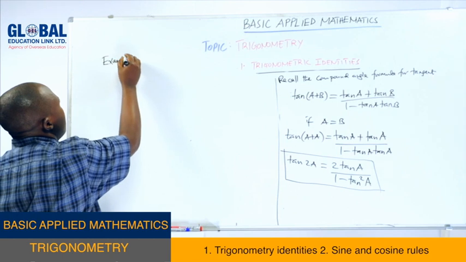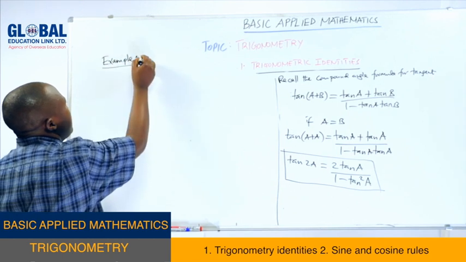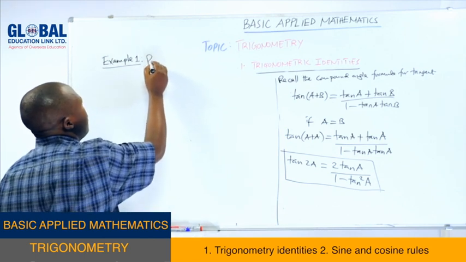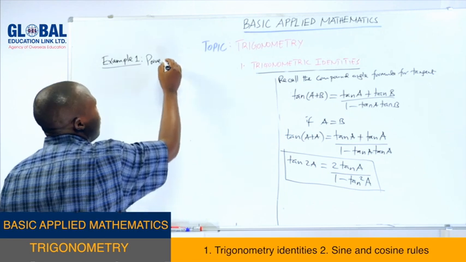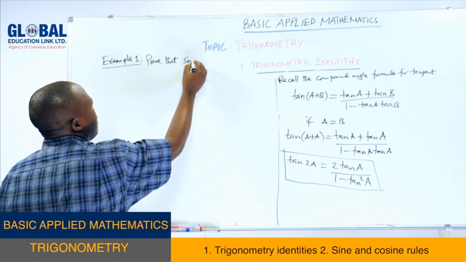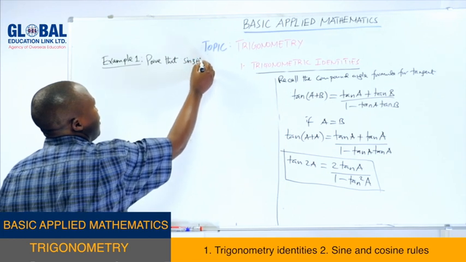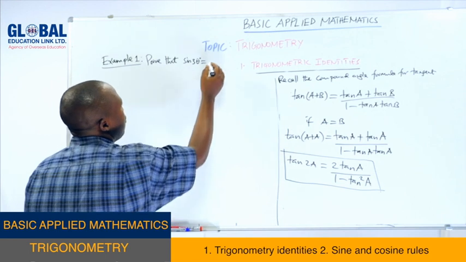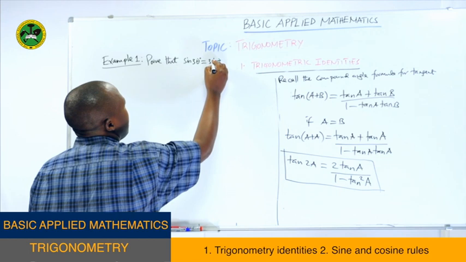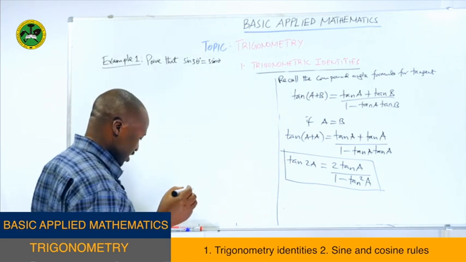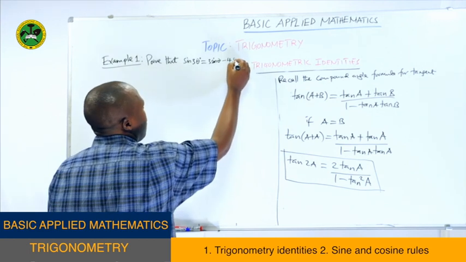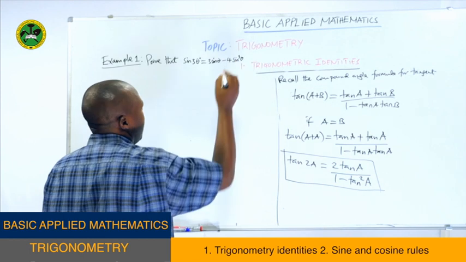Example 1. Prove that sine 3 theta is equal to 3 sine theta minus 4 sine cubic theta.